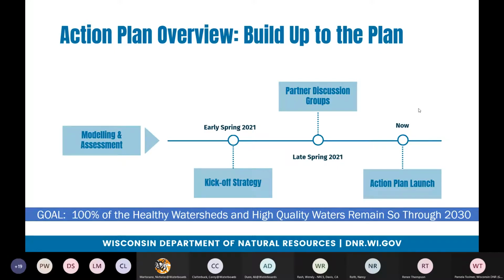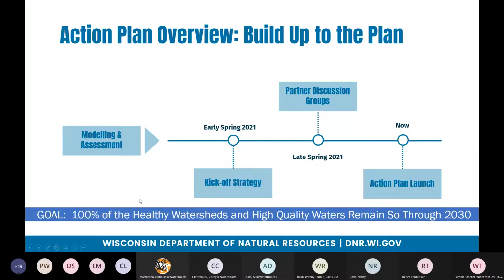And then we used that kickoff strategy to create awareness that we're doing this, but we also really used it to engage potential partners in discussion groups. And we spent about 4 months doing virtual discussion groups. I'll cover that too. And now we're in this action plan launch phase. We just posted the action plan to our website last month and are reaching back out to partners as we move forward towards implementation.